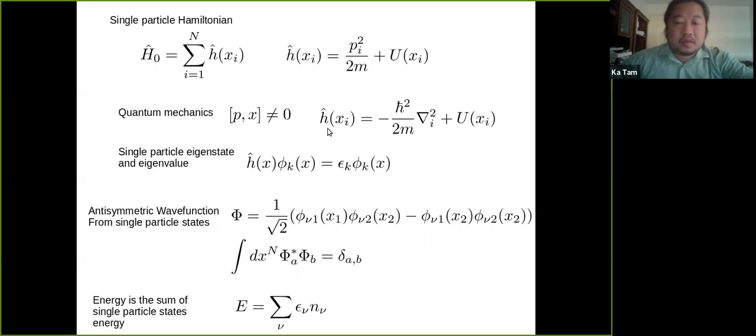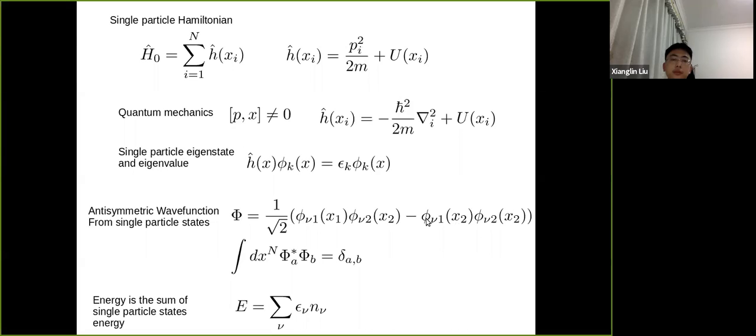Because we want to do many particle physics, we want to construct a many-body wave function out of the single particle wave functions. The simplest thing we can do is to anti-symmetrize the wave function. This is the example of the two particle case.